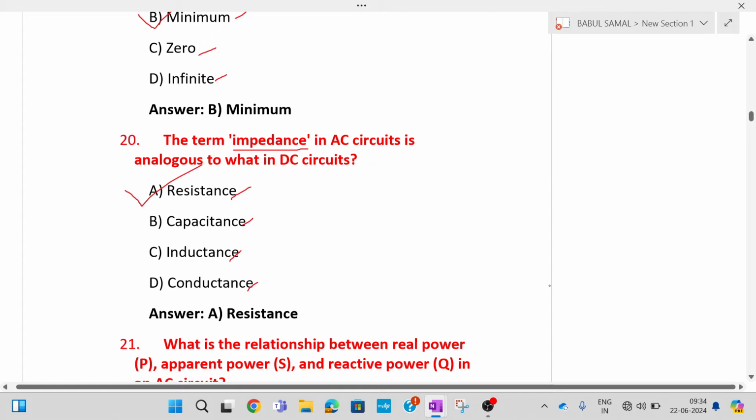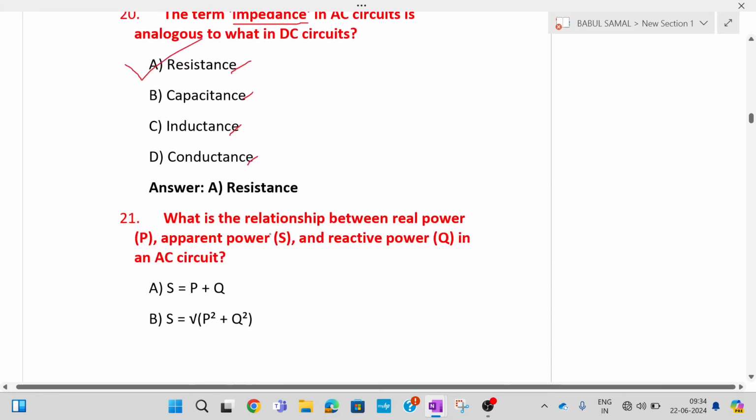Next question: what is the relationship between real power, apparent power, and reactive power Q in an AC circuit?